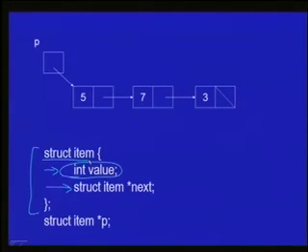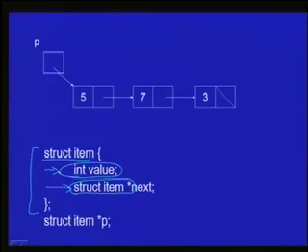So these kind of structures are called recursive structures, and that is possible because the size of a pointer is independent of the size of the quantity to which it points. So the compiler knows at compile time that an integer will take so many bytes and storing a pointer will require so many bytes, and therefore overall the structure will require so many bytes.